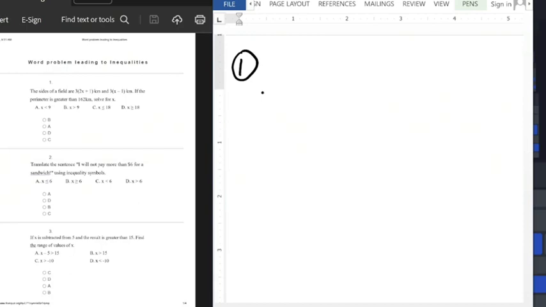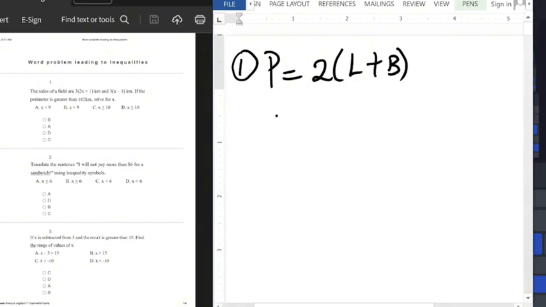So as you know, a field is a rectangular shape, right? So that means the perimeter of a field is 2 into bracket L plus B. The perimeter of a rectangle is 2 into bracket length plus what? Breadth. Now I've been given the length here, and the perimeter given here is 162.